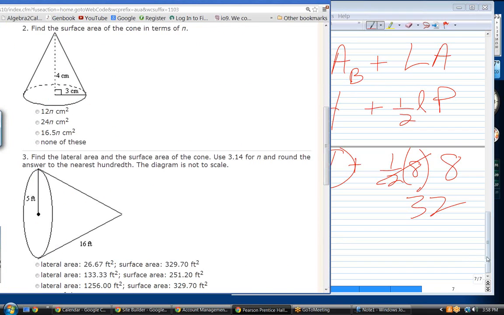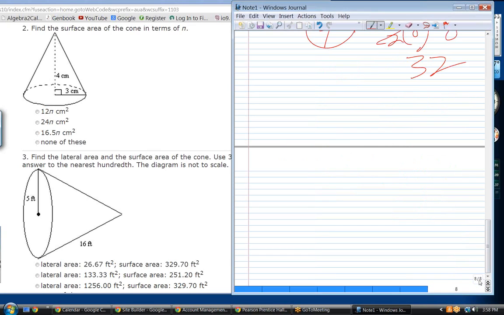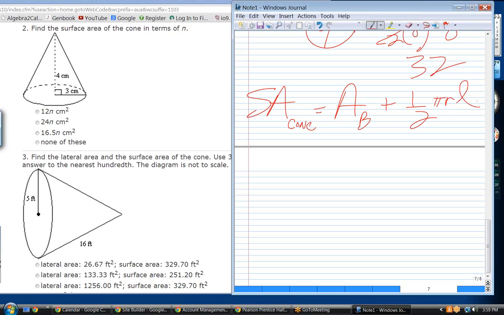Okay, surface area of a cone. Slightly different formula. Surface area of a cone is the area of the base plus 1/2 pi r L, if I remember correctly.